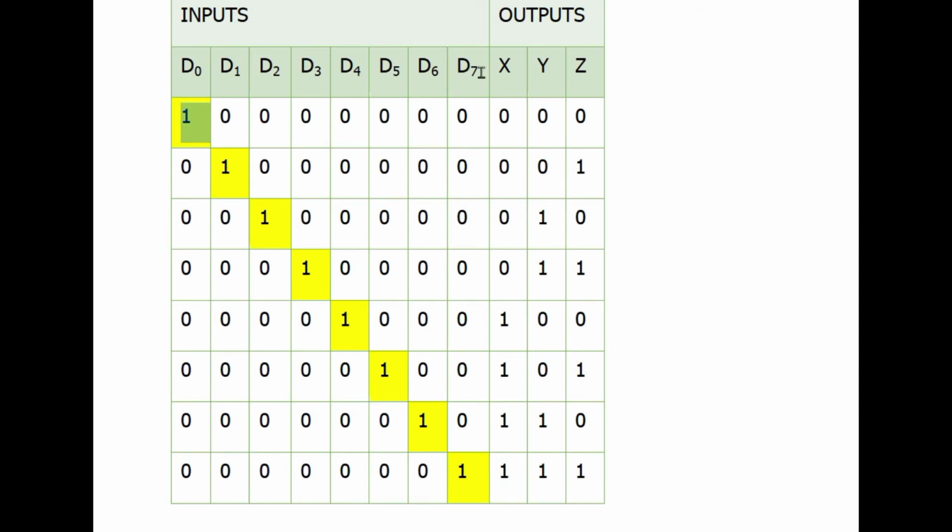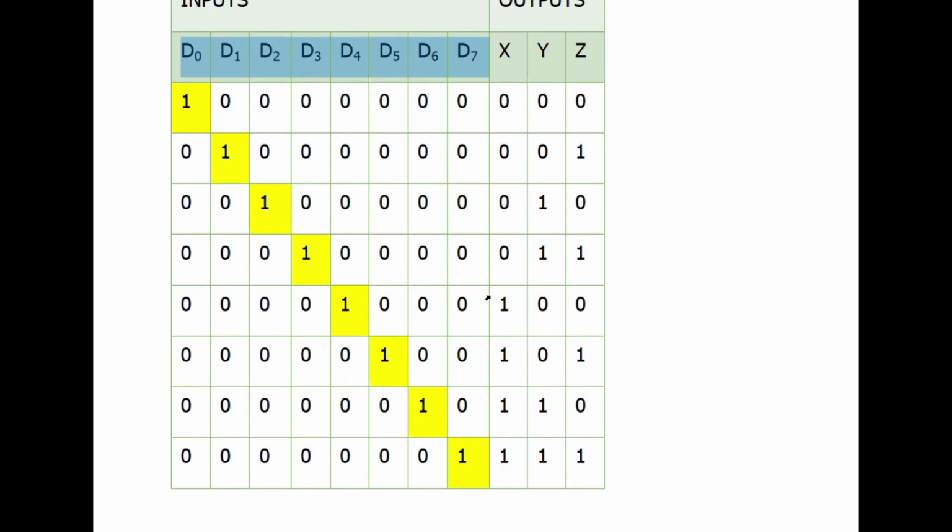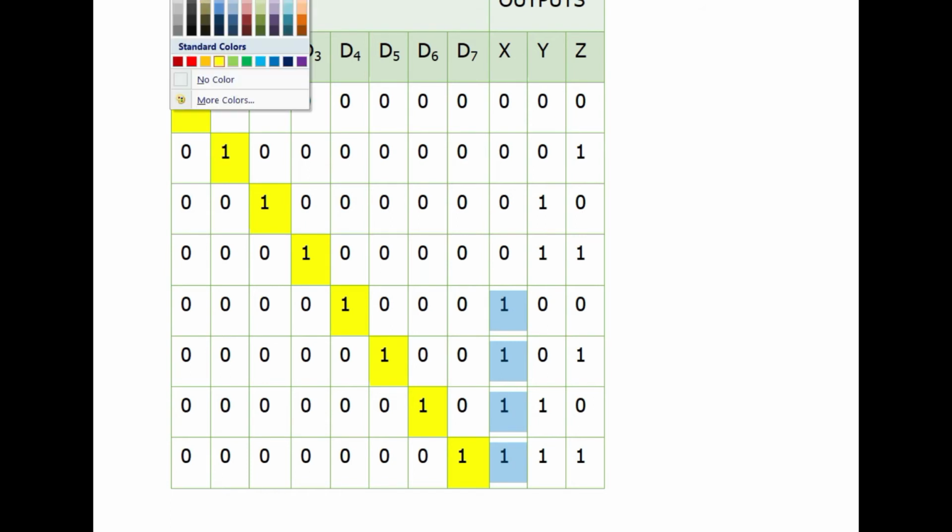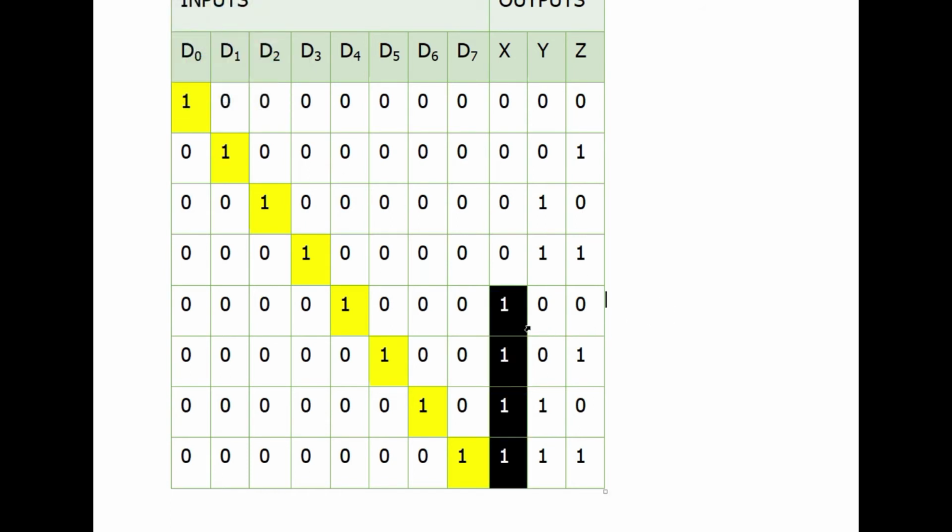Now as we have 8 input variables, we would have to go for an 8 variable K-map to get the simplified expression for the output, but it is not possible. But the shortcut method is this: X has the minterms for these 4 cases, where the X value is 1. This one is because of the D4 input, this one because of D5, this one because of D6, this one because of D7.